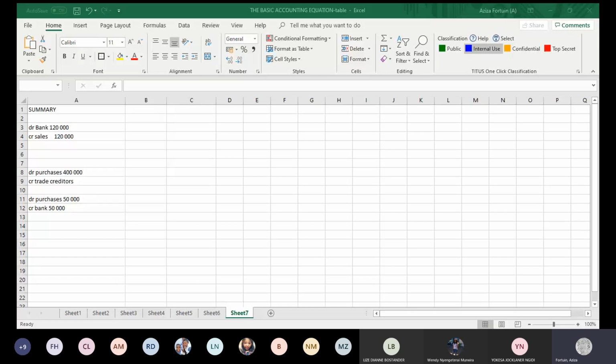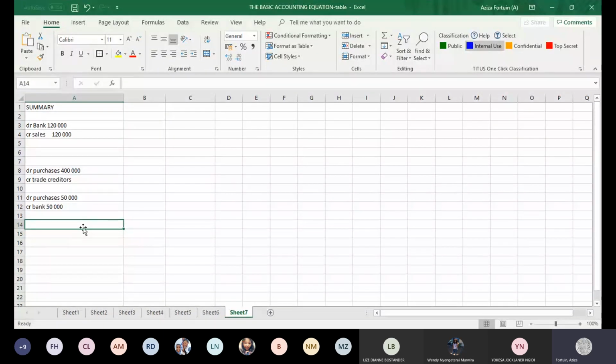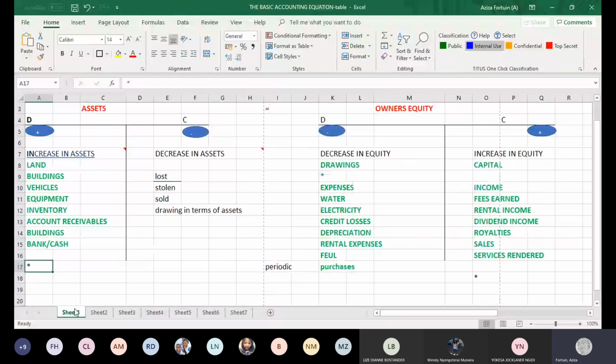Okay, the last one, they said sold merchandise on account. Looking at this table, what am I going to do if I sold merchandise on account? For the people that didn't do accounting, Conrad, you want to answer?